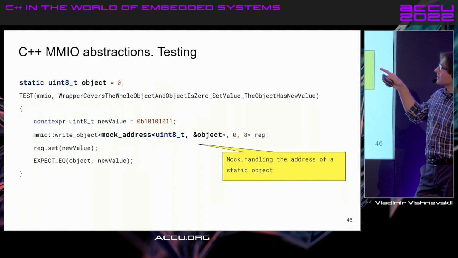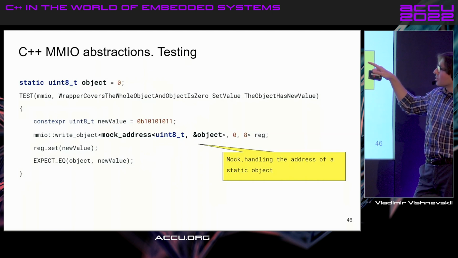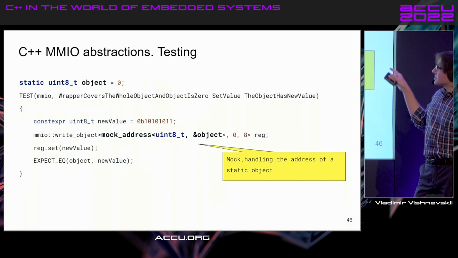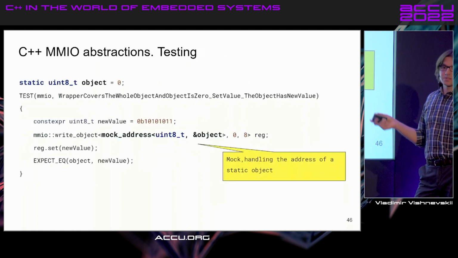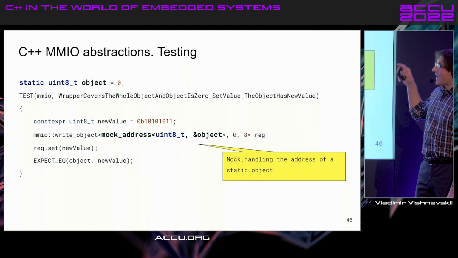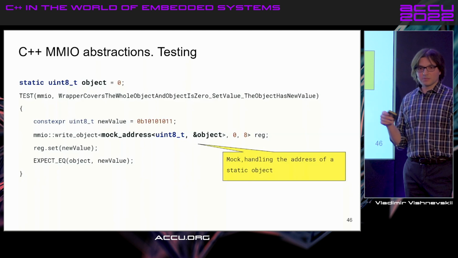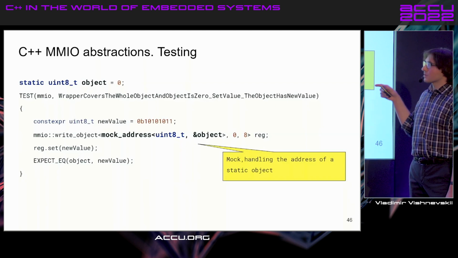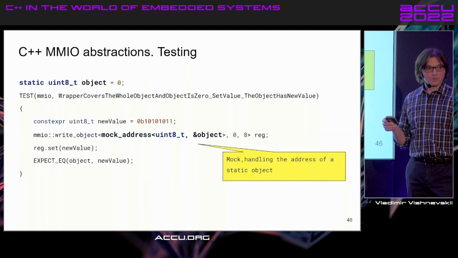We can have our mocking facilities that are injected in our write object for testing purposes to provide access to our static object. In this way, we can just test the correctness of the modification of the registers that we want to have. So we are able to test our code, and we can verify that the framework that we developed is actually functional.